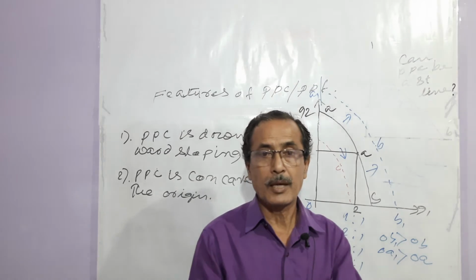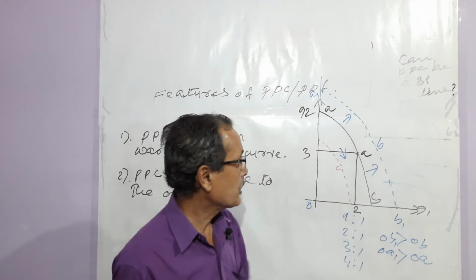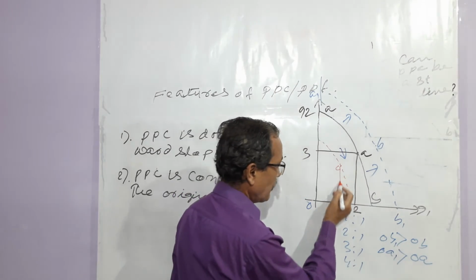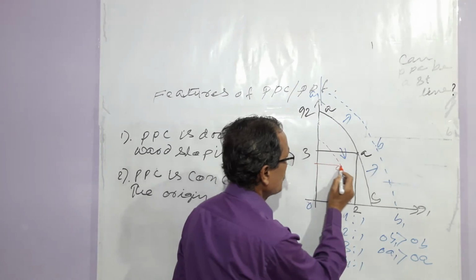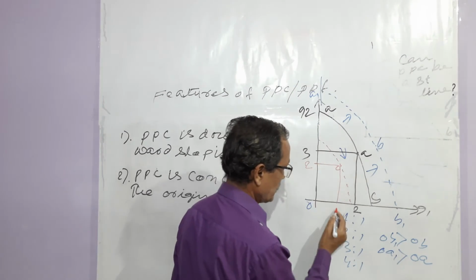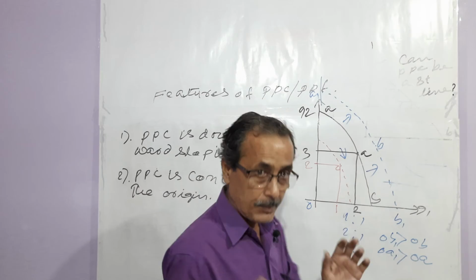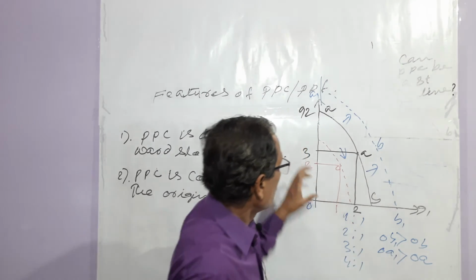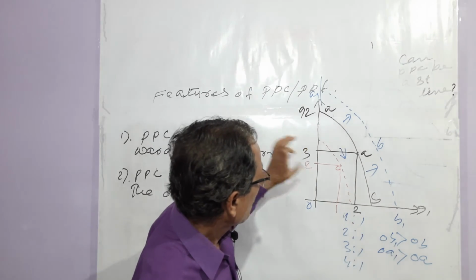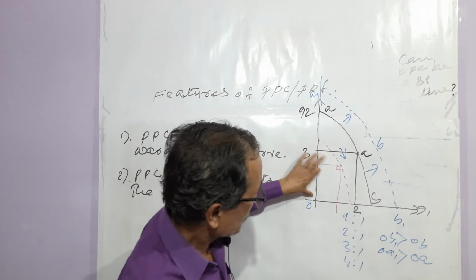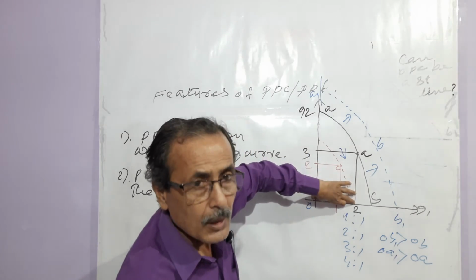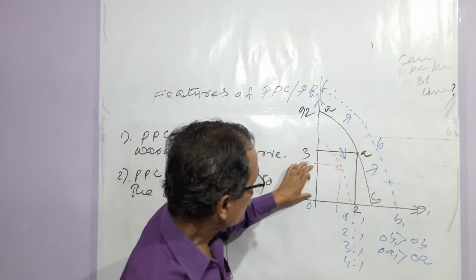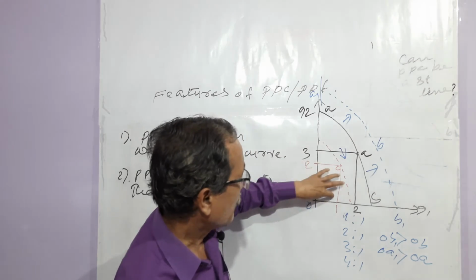It means that you are producing less of good 1 as well as less of good 2. Here it is 2 units, here it is 1 unit. You have resource by which you can produce 3 units of good 2 and 2 units of good 1. But now you are producing 2 units of good 2 and 1 unit of good 1.